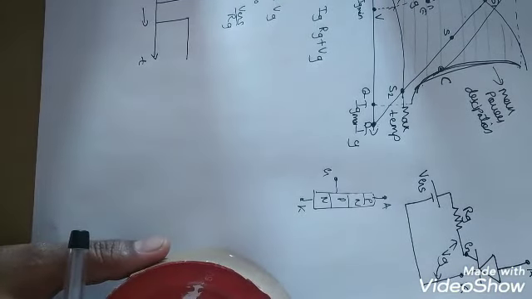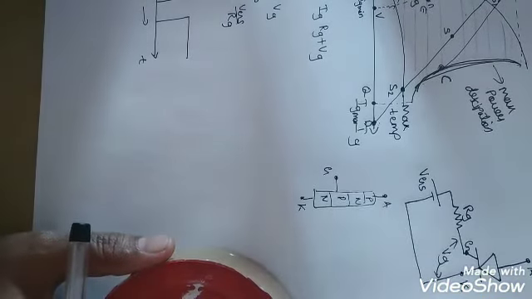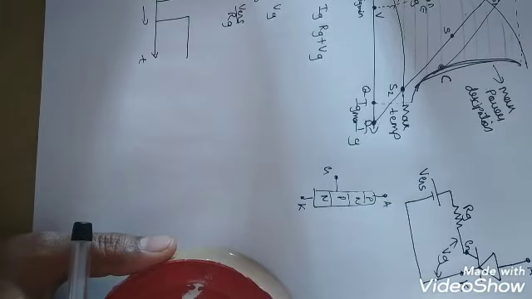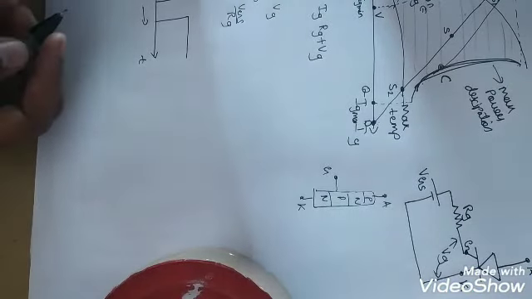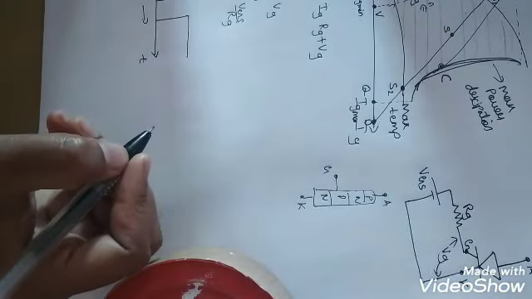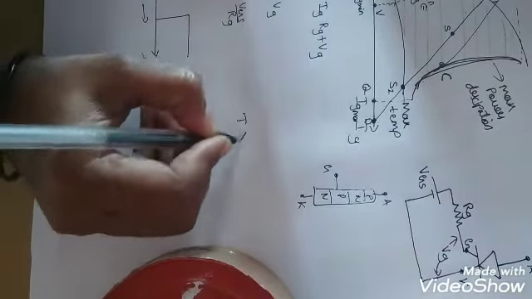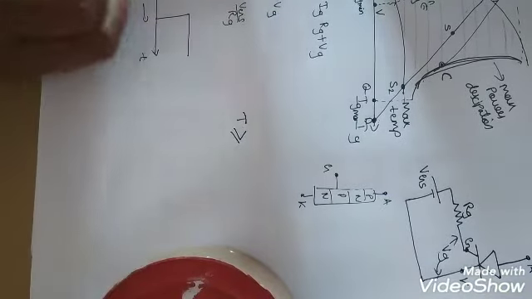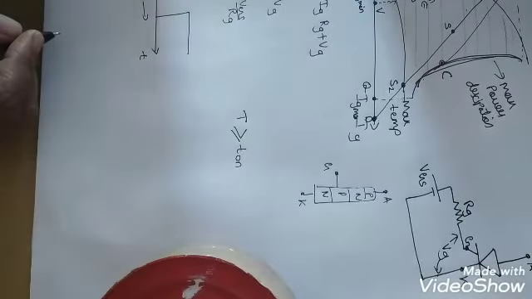In the static characteristics of SCR, we studied that as we keep increasing the gate current, the voltage required to turn on the SCR is less. Similarly here, if the gate current is more, it will take less time to turn on the SCR. For that reason we can write that the pulse period should be greater than the turn on time of an SCR.